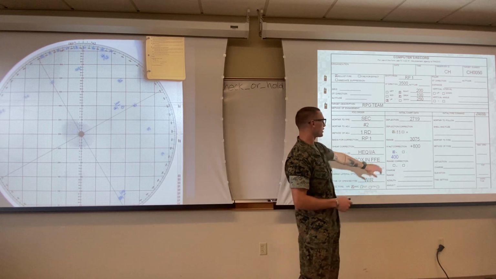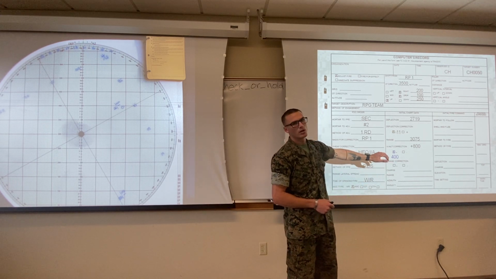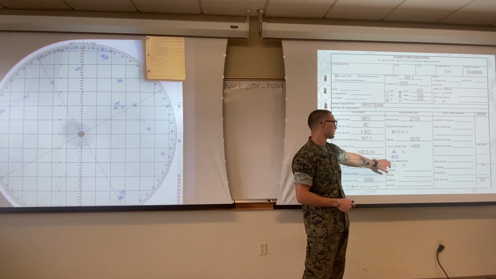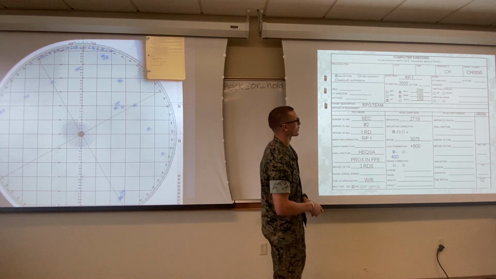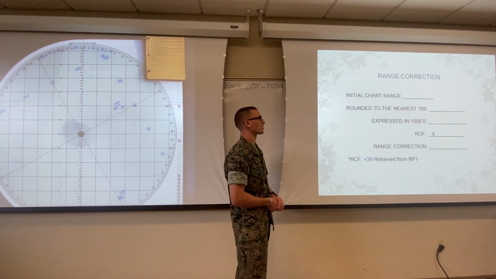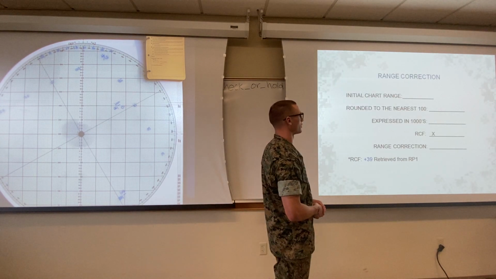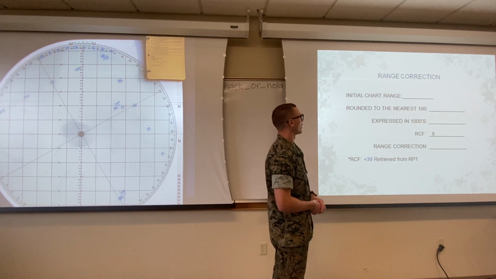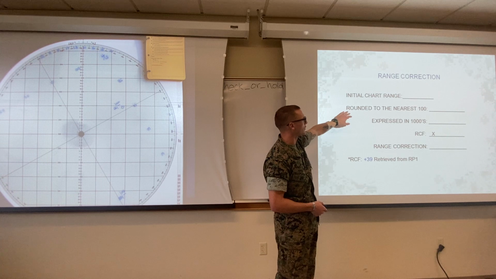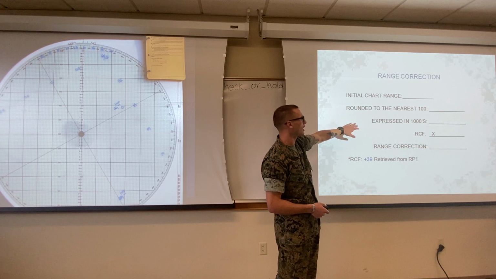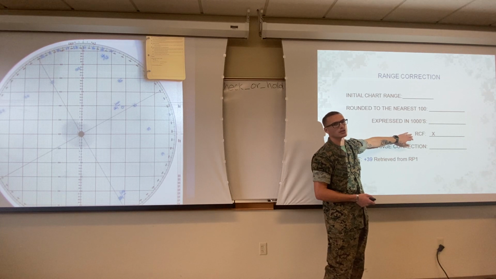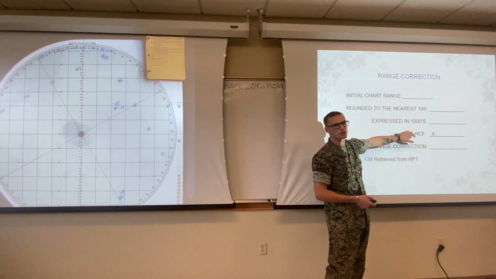Now we got a range correction from registration, but that was specifically for that mission. So now for this mission, we need to go ahead and figure out what our range correction is. We're simply going to do that with our little formula here. All right, so we need our initial chart range. We're going to round that to the nearest 100, express it in thousands, and then we'll multiply it by the range correction factor from our registration mission.